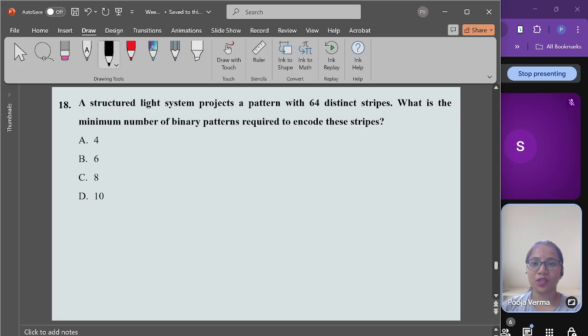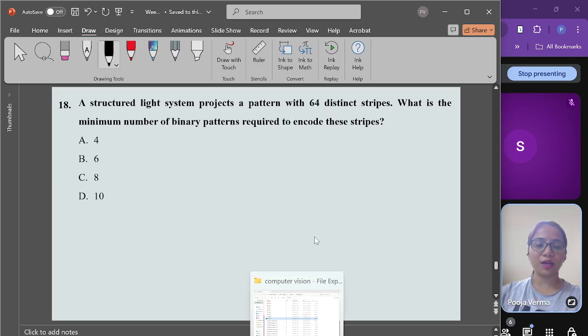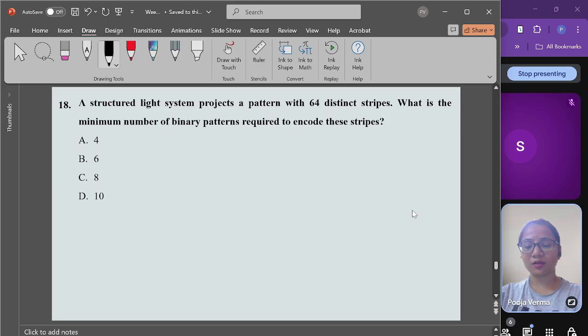Our next question is a structured light system projects a pattern with 64 distinct steps. What is the minimum number of binary patterns required to encode these steps? So you have studied about this and we have solved one theoretical question based on that in the binary encoding system.